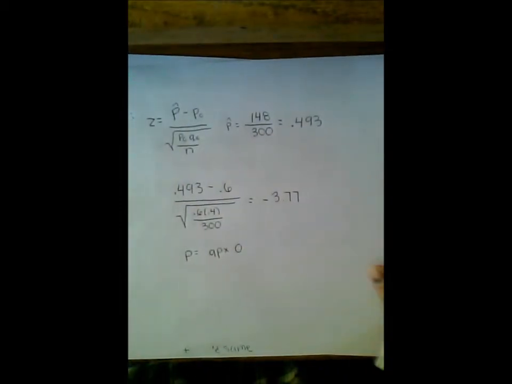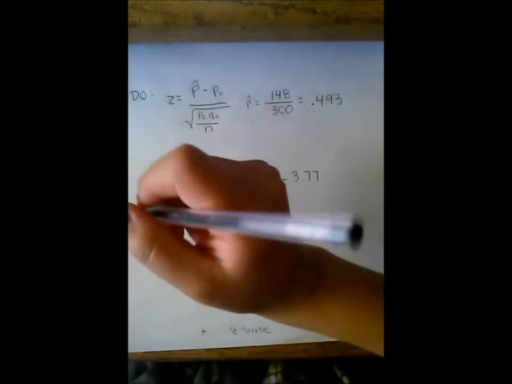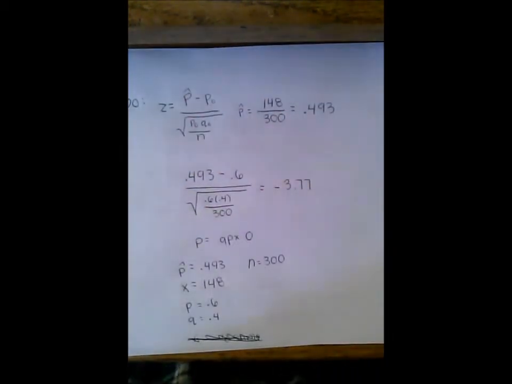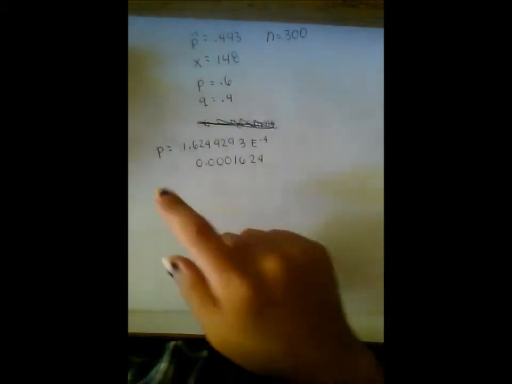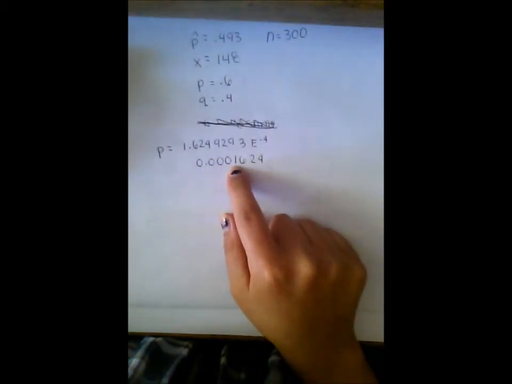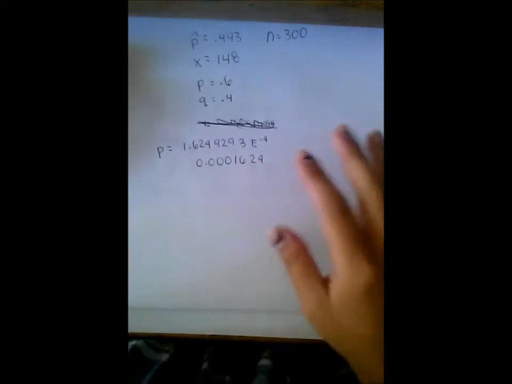Before we plug everything into a calculator, let's write down all our variables. All right, now let's go into plugging it into the calculator. Our calculator tells us that p is 0.0001624 and so on.